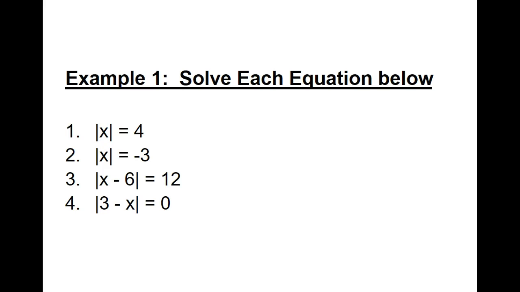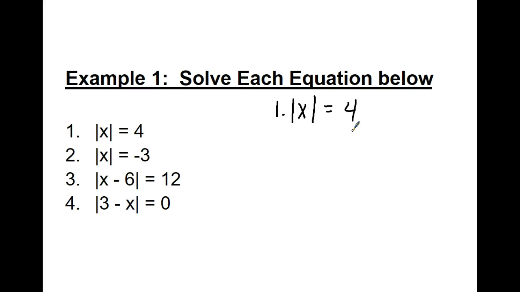Okay, so the difference here on number 1 from the slide that I just showed you earlier is that instead of a question mark, I've got an X here. Okay?